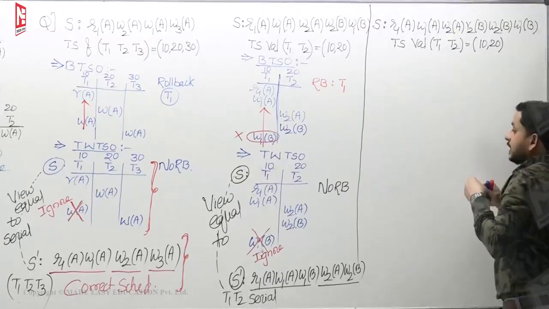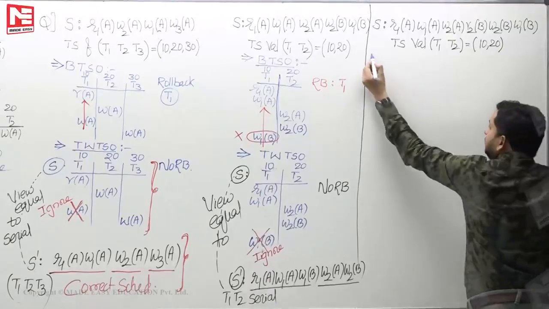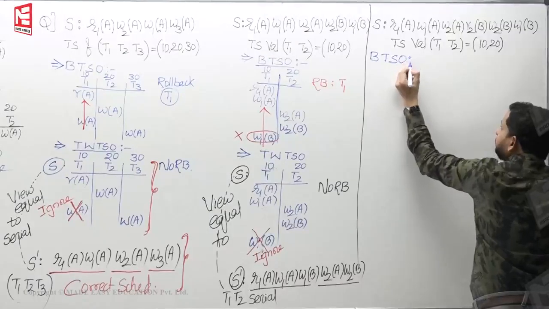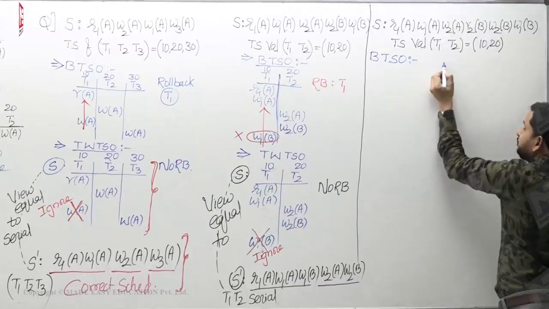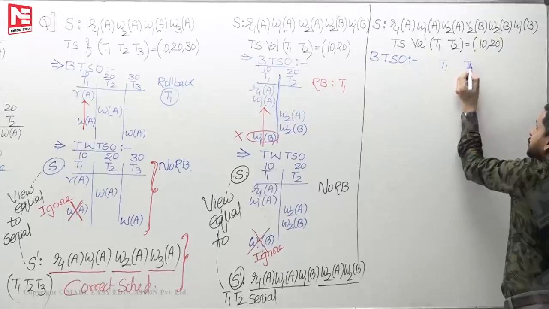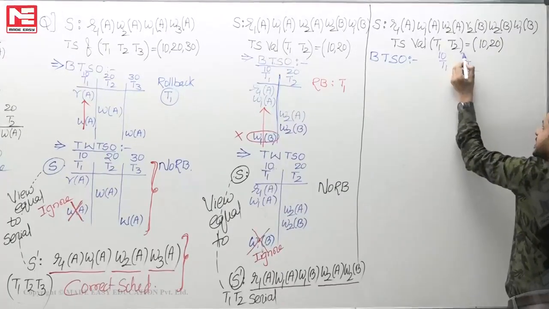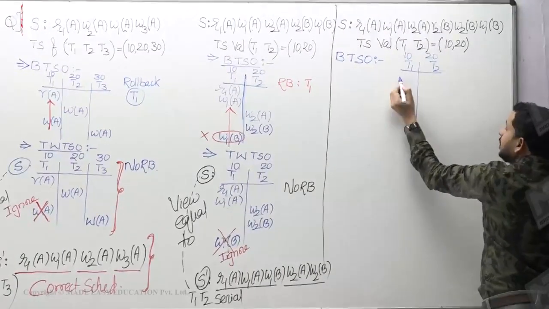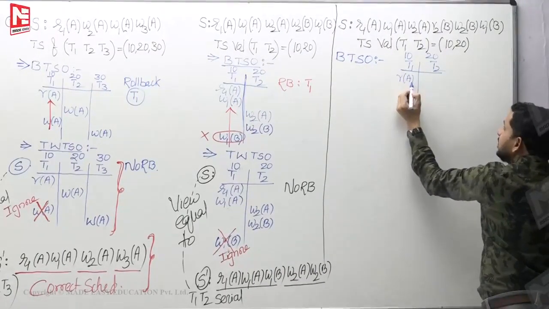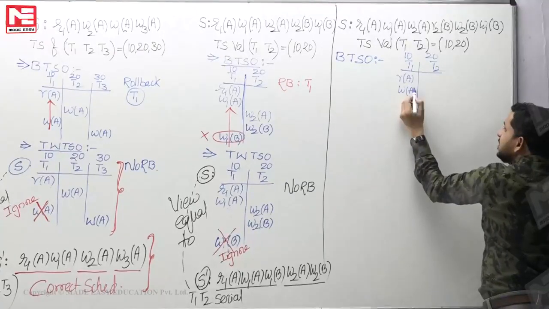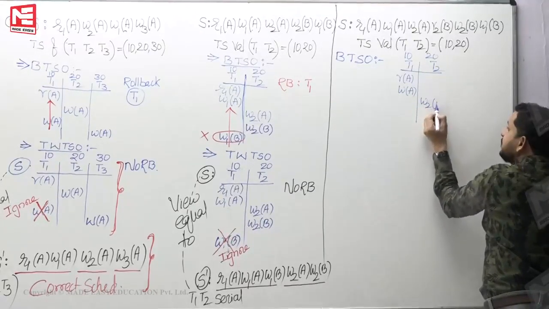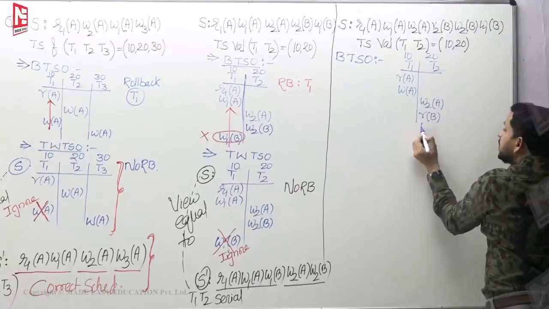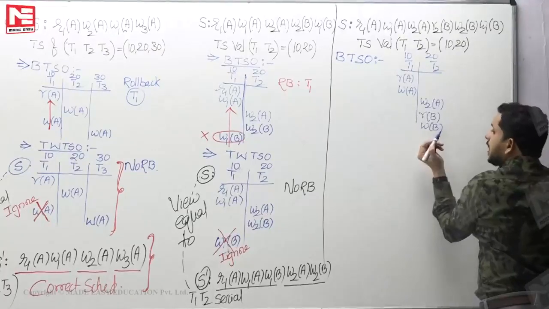Now, if you take the basic timestamp ordering protocol, T1 has timestamp 10, T2 has timestamp 20. T1 requests read and write, T2 requests write A, which is allowed, T2 requests read B, which is allowed, and T2 requests write B, also allowed.